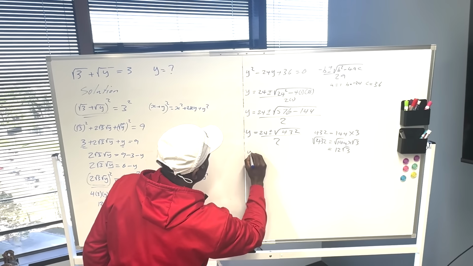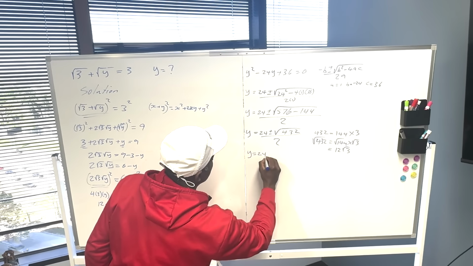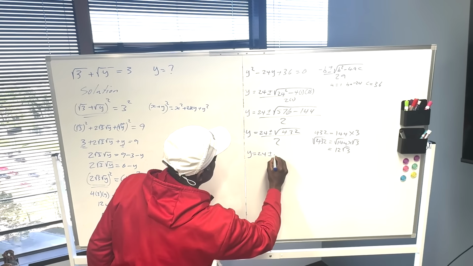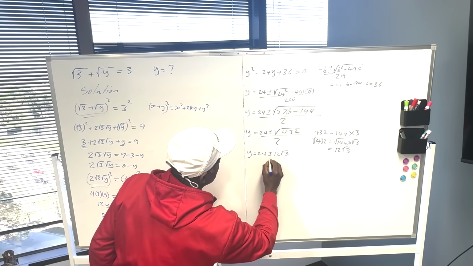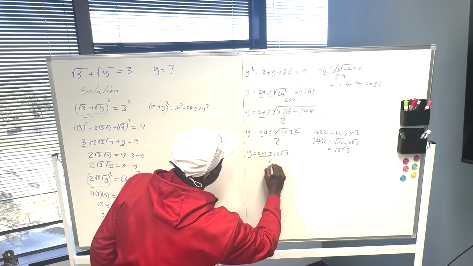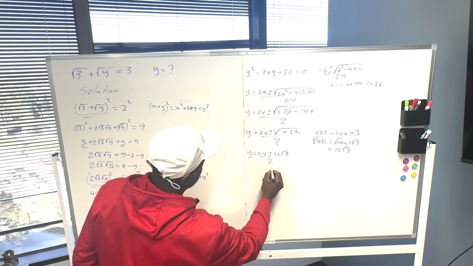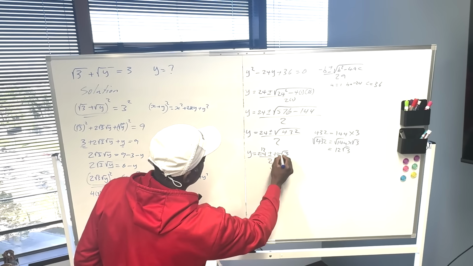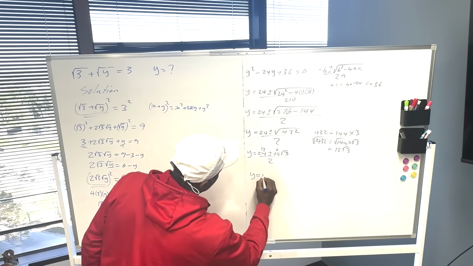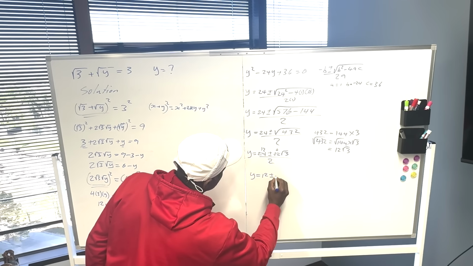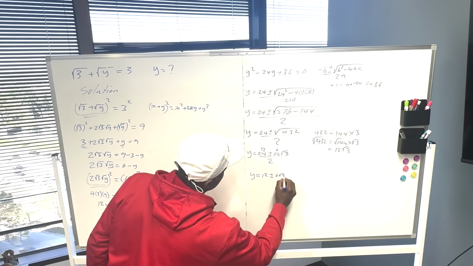We get y equals 24 plus or minus 12 square root of 3, all over 2. And 2 goes into 24 twelve times, and 2 goes into 12 six times. So y is equal to 12 plus or minus 6 square root of 3.